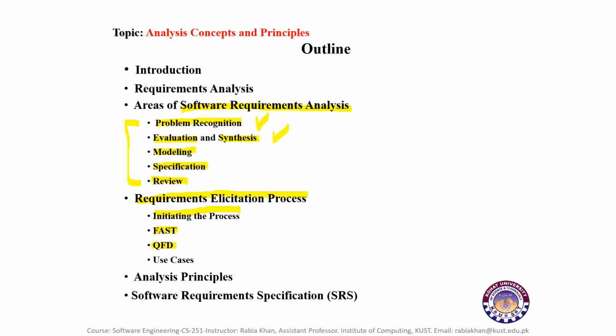The last phase of requirements elicitation is to draw the use cases. A use case is actually the diagrammatic representation of the functions and the users who will be interacting with those functions being developed for a software.